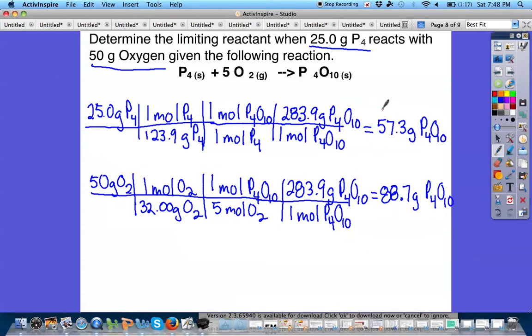So the limiting reactant is going to be the P4. And the excess reactant will be oxygen.